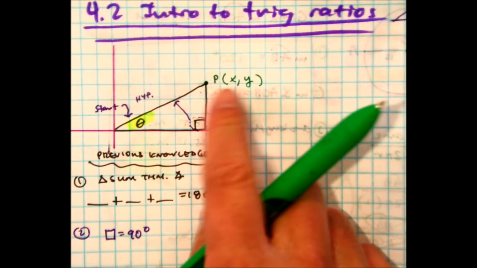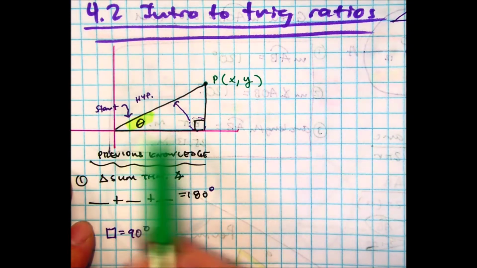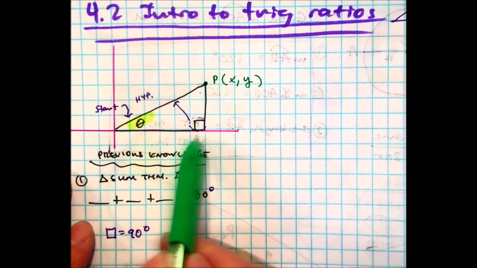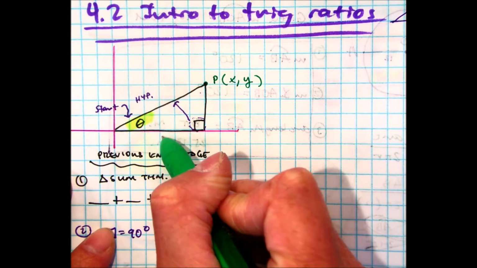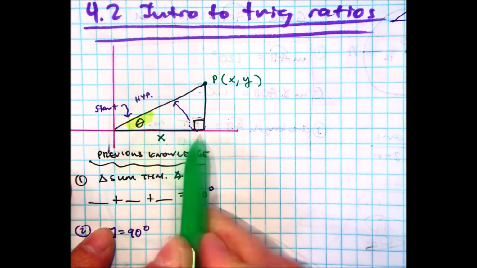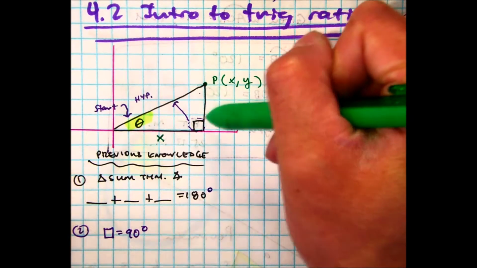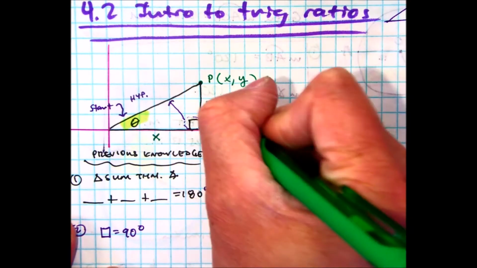Point. It has the coordinates x and y. Class, this length here, or this part on the graph, that is called our x. And going up, it's kind of parallel, right? Do you see that? That one's called the y.